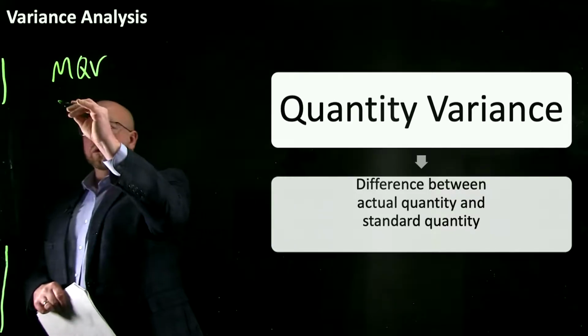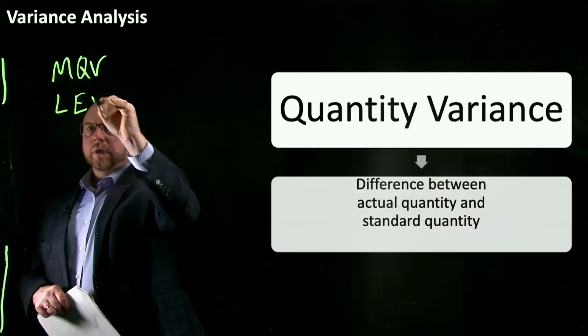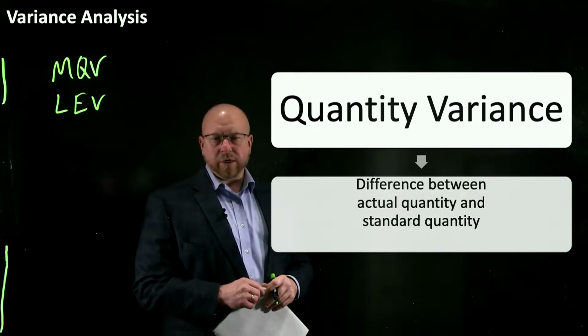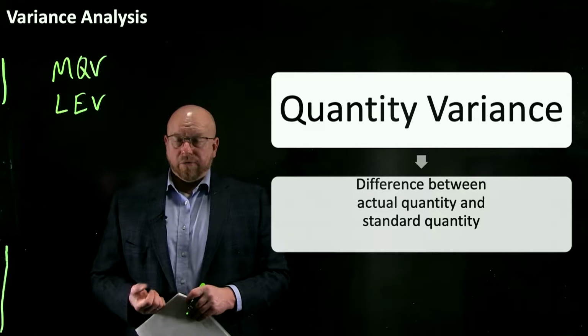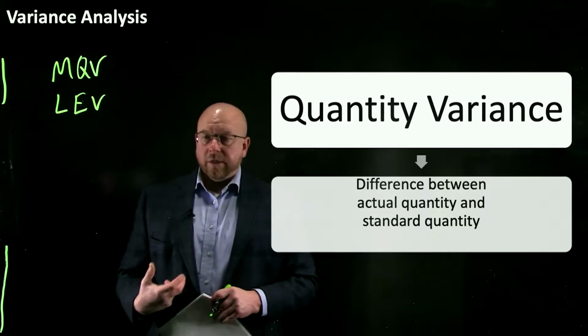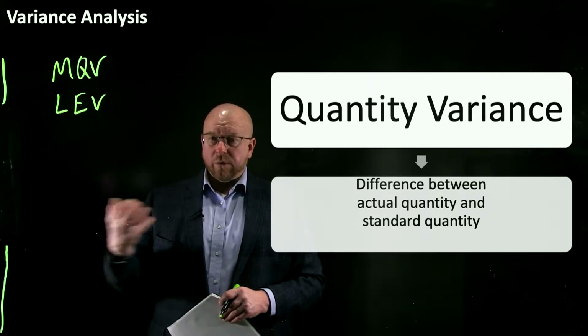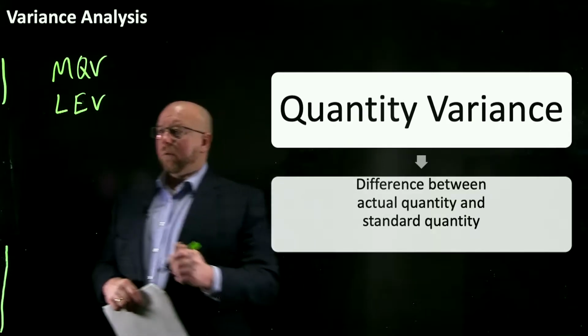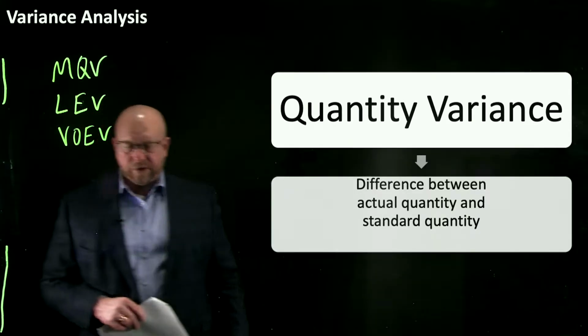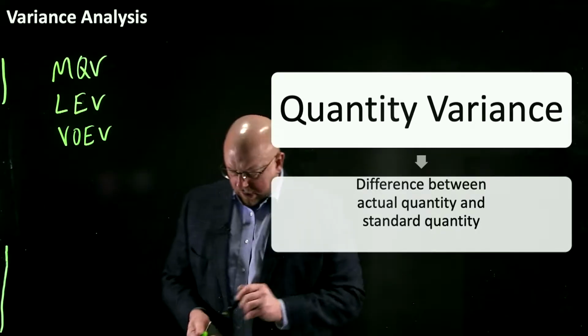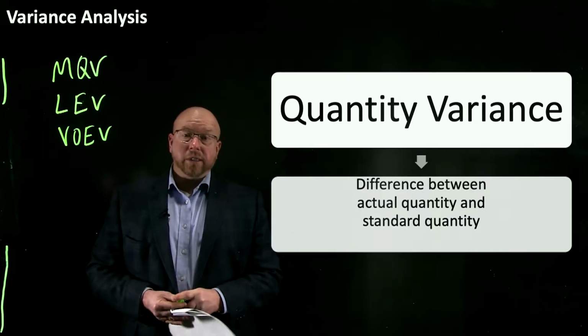And then when we get to labor, we would have a labor efficiency variance. If our employees work too many hours for the level of output, then that would be unfavorable. If they work fewer hours, then it's favorable. We can also have the variable overhead efficiency variance. So what you're seeing here is that there are 6 variances.